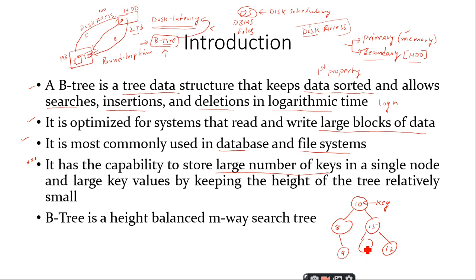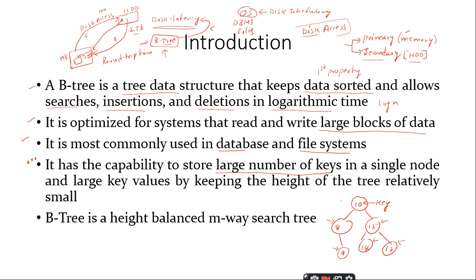So how many keys are there inside each and every node? One key, sir. Here this node consists of 10 as the key, this node has 8 as the key, this is 15, this is 17, this is 14 as the key, and 9 as the key, right? So in the previous trees we have discussed, every node is capable of storing only one key.